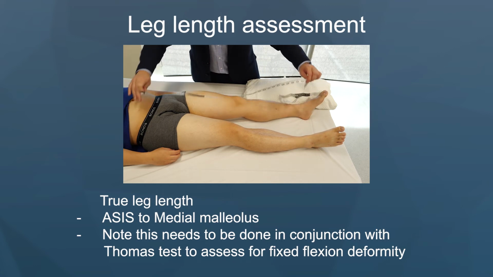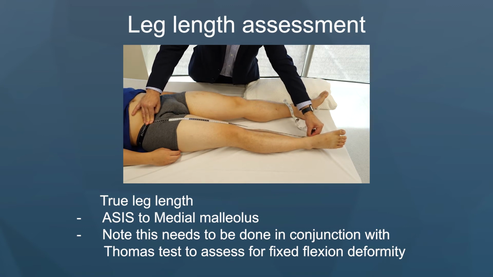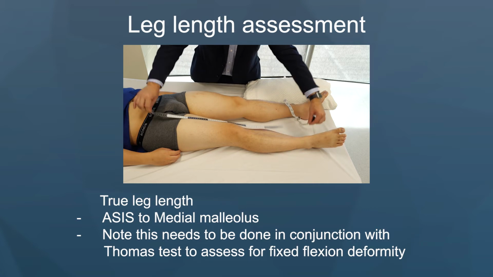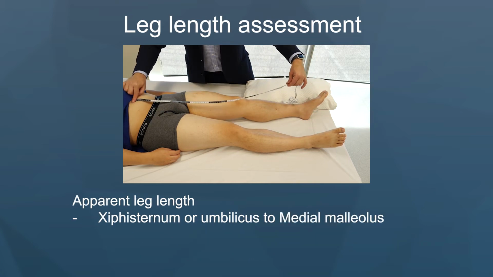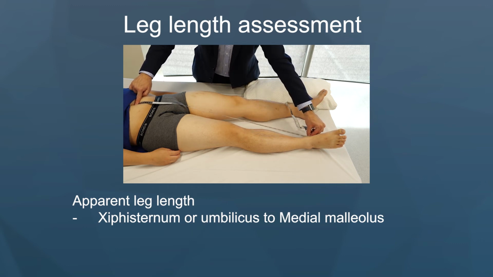For true measurement, square the pelvis with the anterior superior iliac spine at the same level and measure from the anterior superior iliac spine to the medial malleoli on both sides. Also assess apparent leg length discrepancies by measuring from the xiphisternum or umbilicus to the medial malleoli.